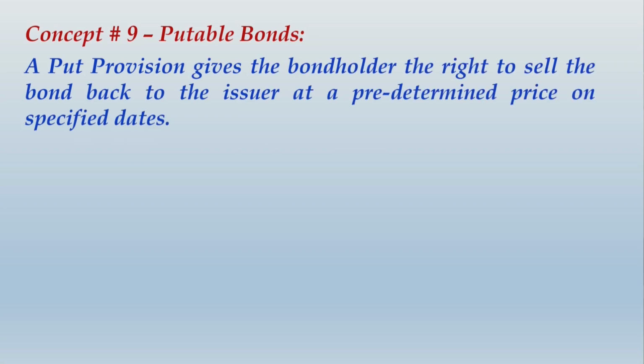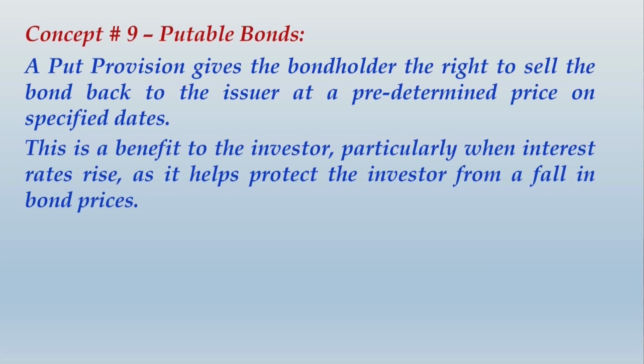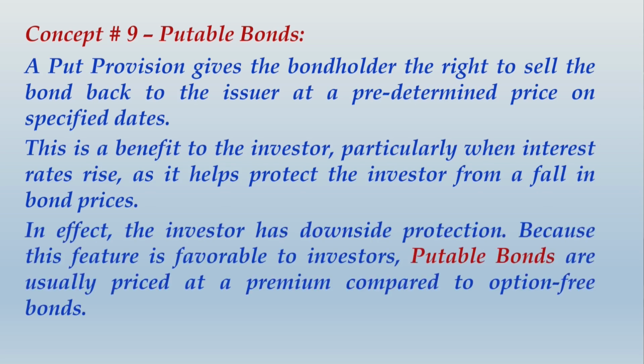You can write: a put provision gives the bondholder the right to sell the bond back to the issuer at a predetermined price on specified dates. This is a benefit to the investor, particularly when interest rates rise, as it helps protect the investor from a fall in bond prices. In effect, the investor has downside protection because this feature is favorable to investors. Putable bonds are usually priced at a premium compared to option-free bonds.